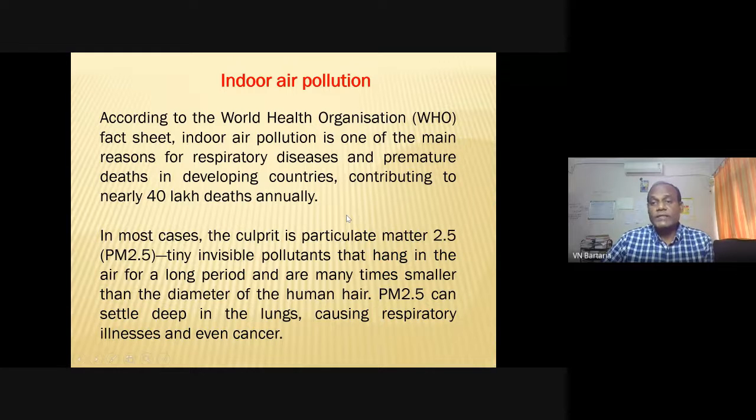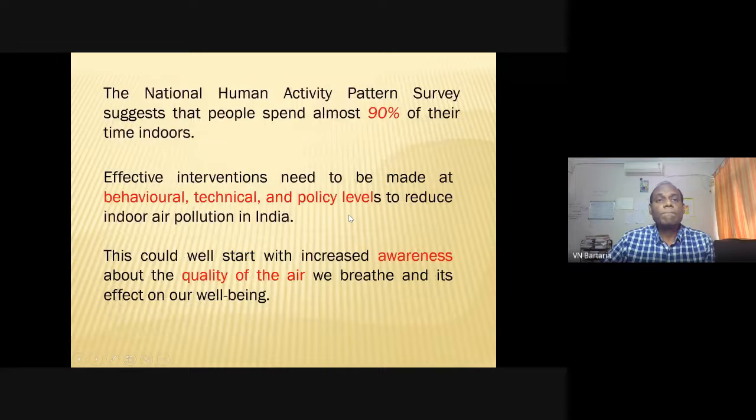Studies show that PM 2.5, poor indoor air quality, is a major source of respiratory illness. The National Human Activity Pattern Survey suggests that people spend almost 90% of their time indoors. So a major part, almost 90%, we are spending indoors.